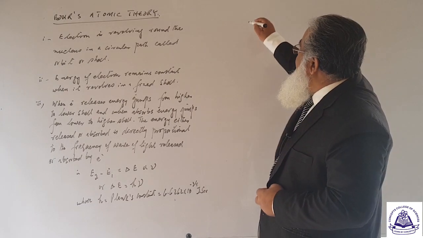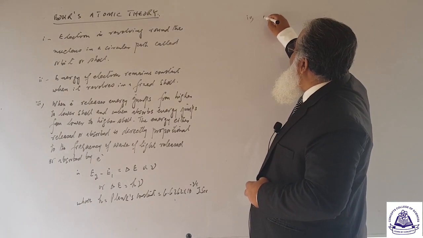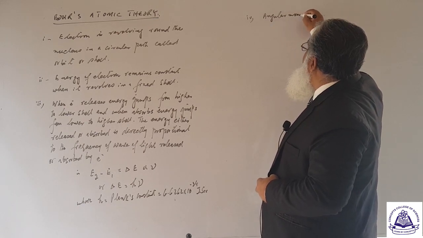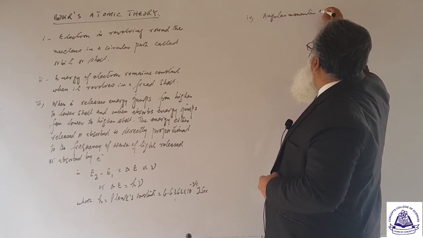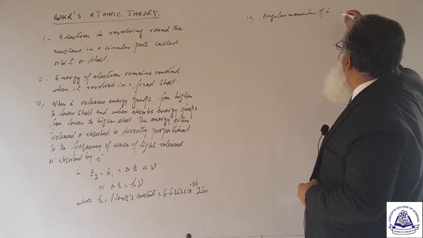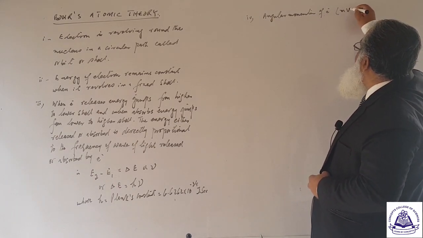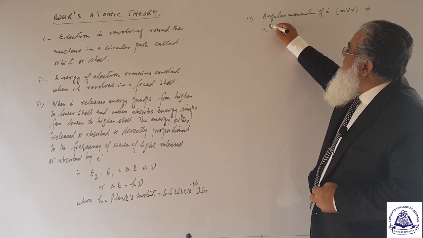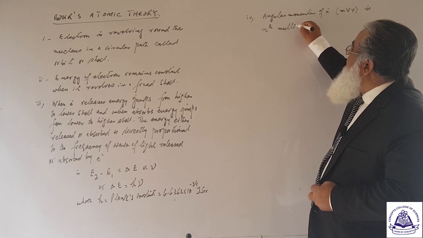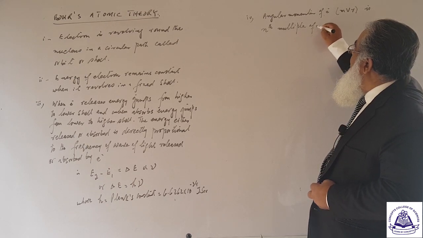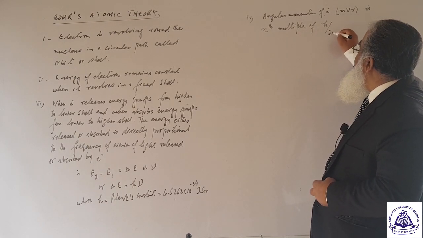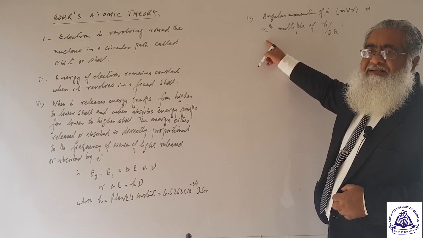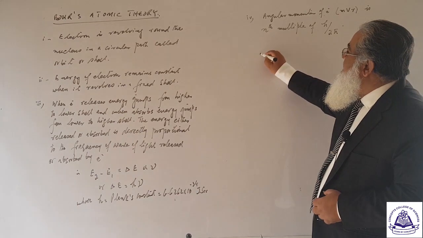And last postulate, that is, angular momentum of electron, which is mvr, is nth multiple of h over 2 pi, where n stands for number of the shell.